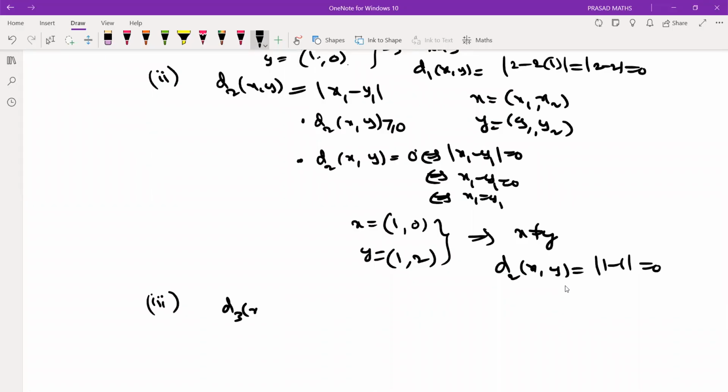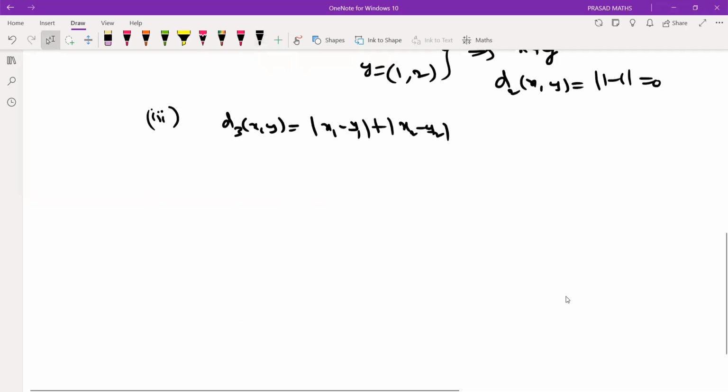Suppose d3(x, y) equals mod of x1 minus y1 plus mod of x2 minus y2. Is it a metric? Here x is (x1, x2) and y is (y1, y2). The distance is always non-negative because the modulus is there.